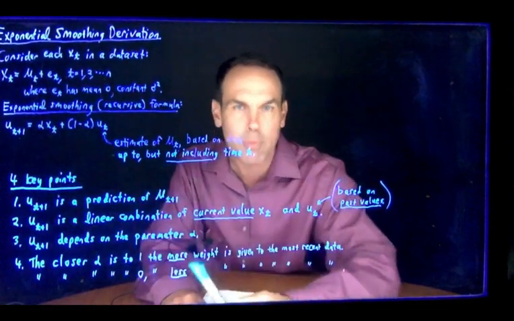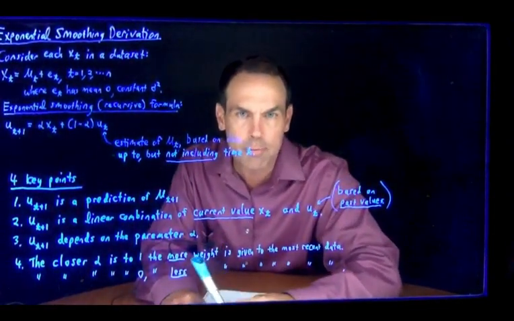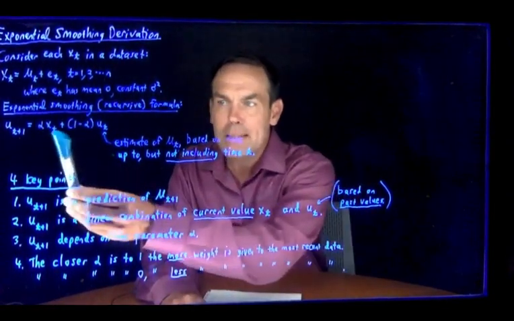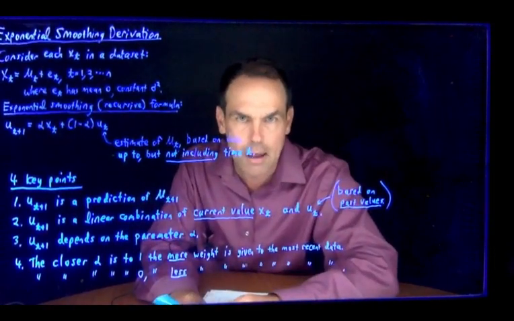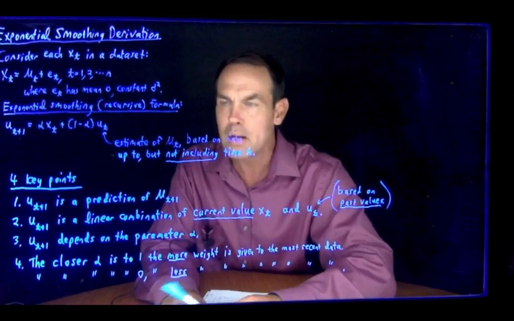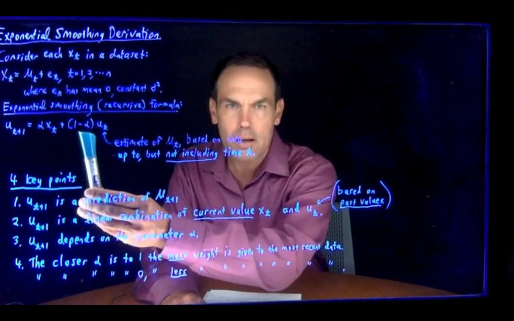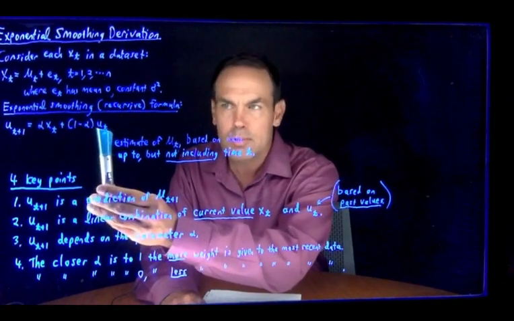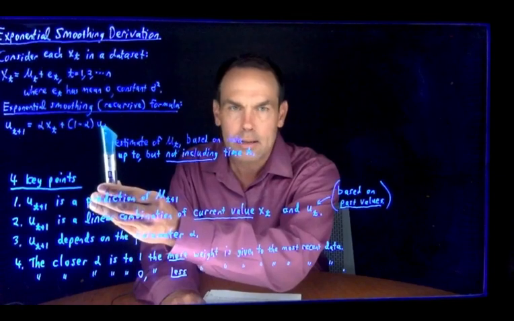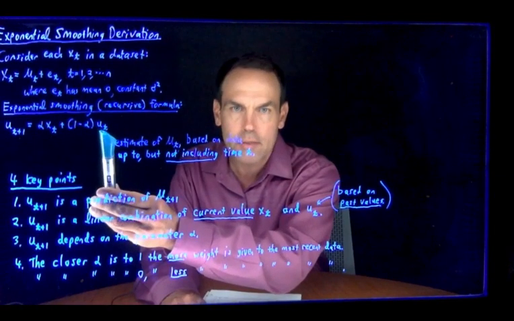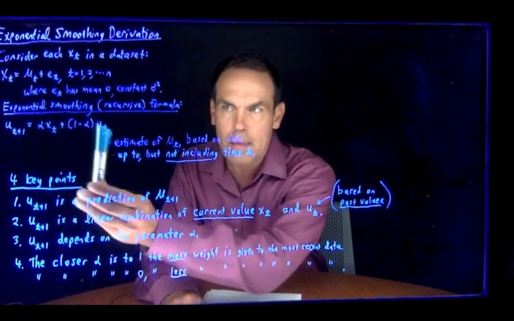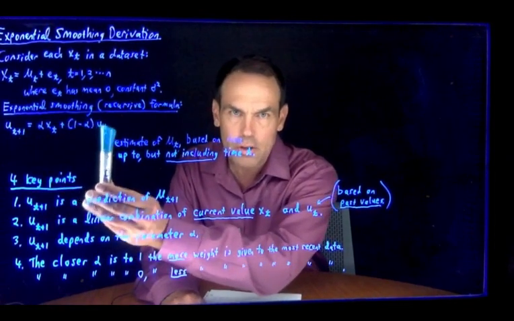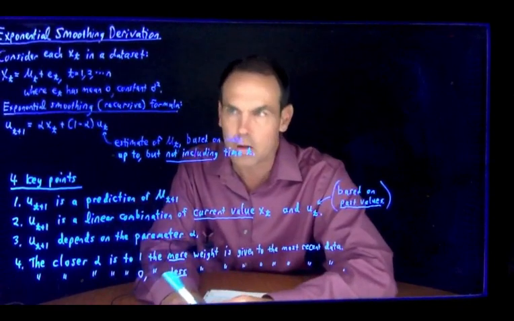Alpha is a smoothing parameter, also called a tuning parameter, times x sub t. x sub t is just the current value of x at the current time point t, plus 1 minus alpha times u sub t. Now you can already get an idea of this recursive nature of the formula because we're trying to predict u sub t plus 1 and we're looking back at u sub t. So that alone tells me that it's recursive.